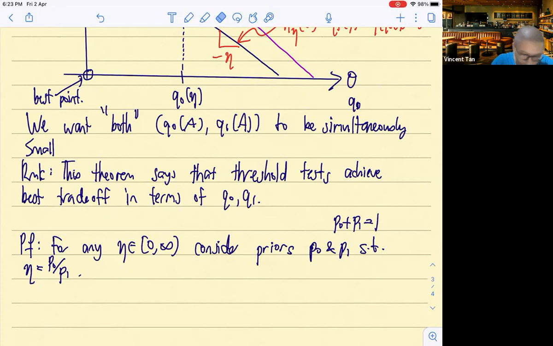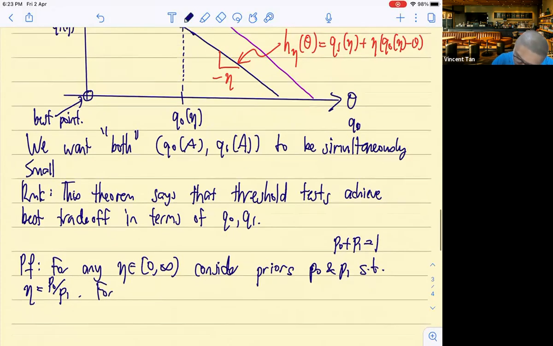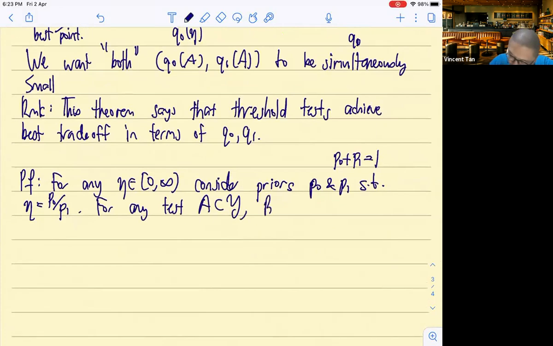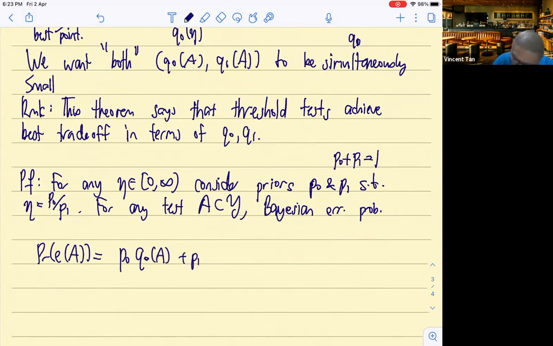So now for any test given by A, a subset of Y, the Bayesian error probability is given by the probability of E for the test, equal to P0 Q0(A) plus P1 Q1(A), right?